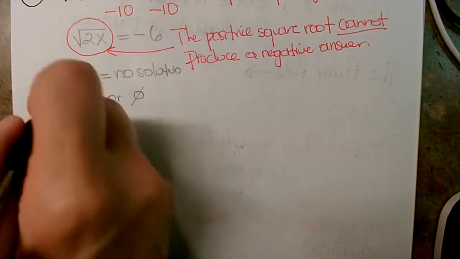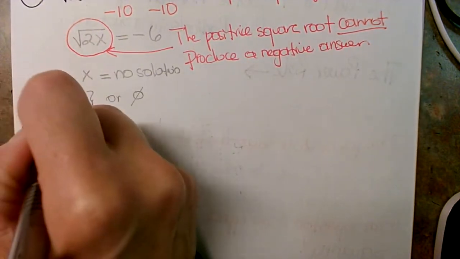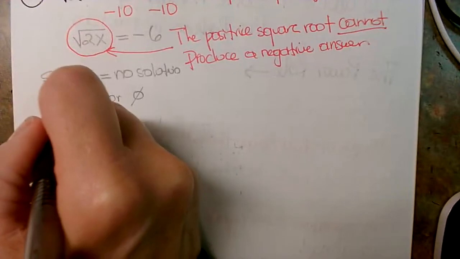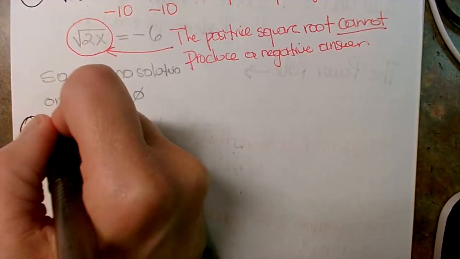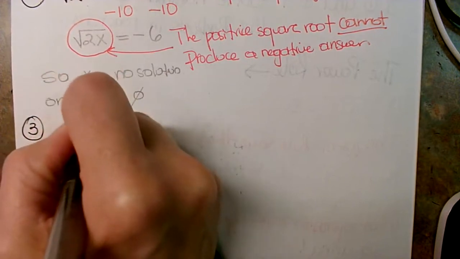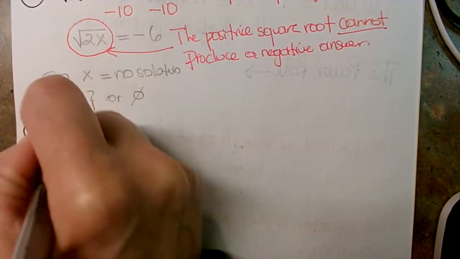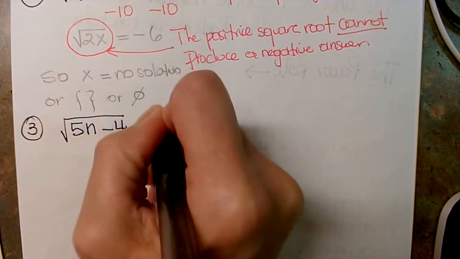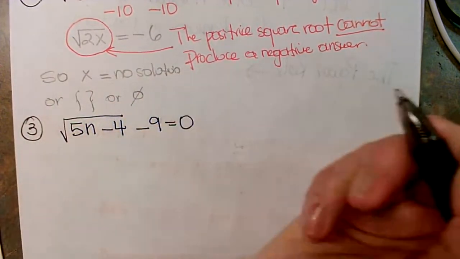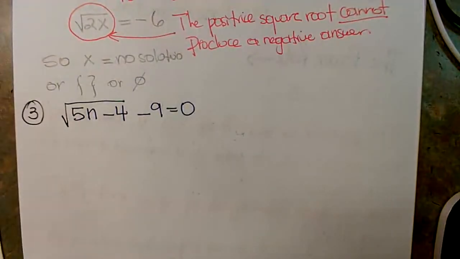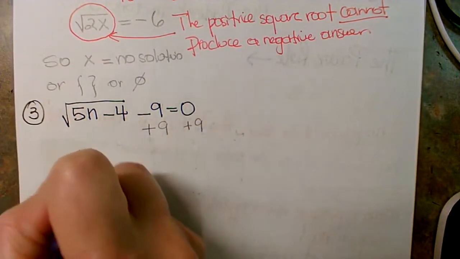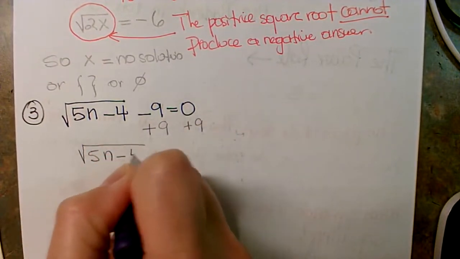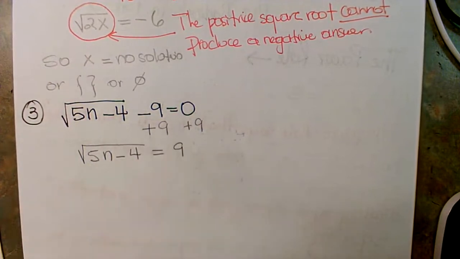This one: square root of 5n minus 4 minus 9 equal to 0. So we add 9 on both sides, and we get the square root of 5n minus 4 equals 9, right?